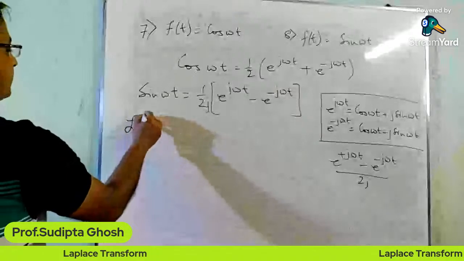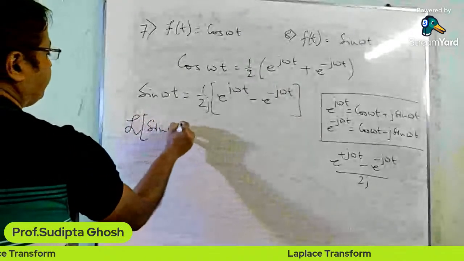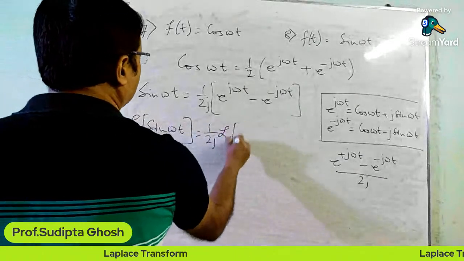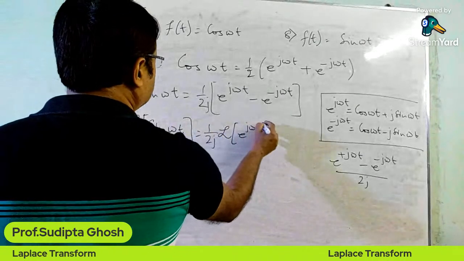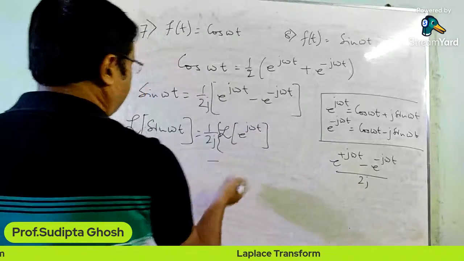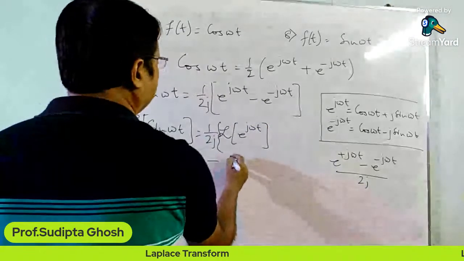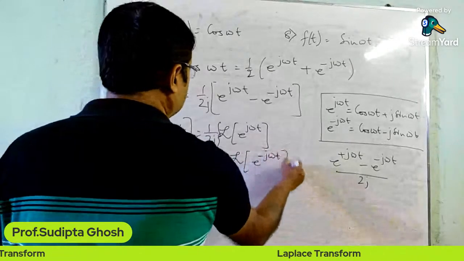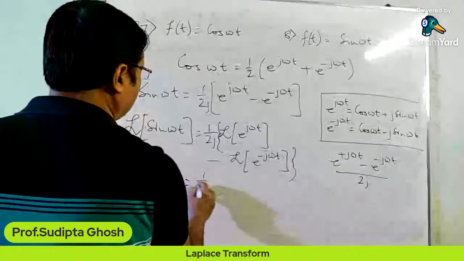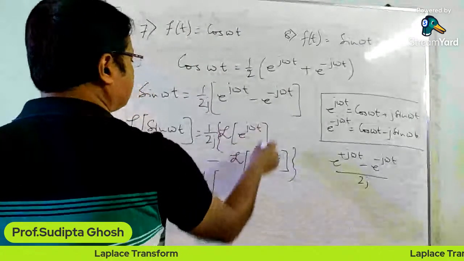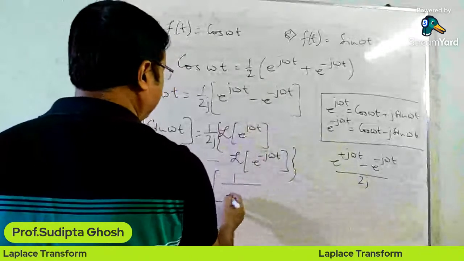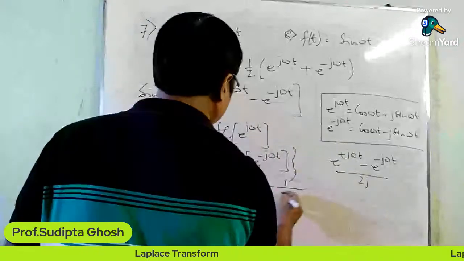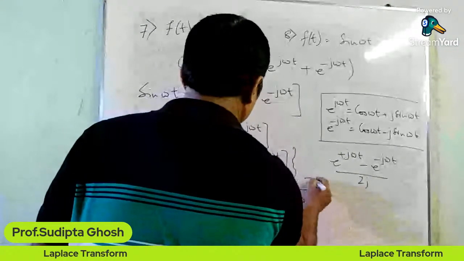So the Laplace transform can be found as 1 by 2j Laplace transform of e to the power j omega t. I have taken 1 by 2j outside, and then Laplace transform of e to the power minus j omega t. Okay, so that will be 1 by 2j times 1 by s minus j omega minus 1 by s plus j omega.